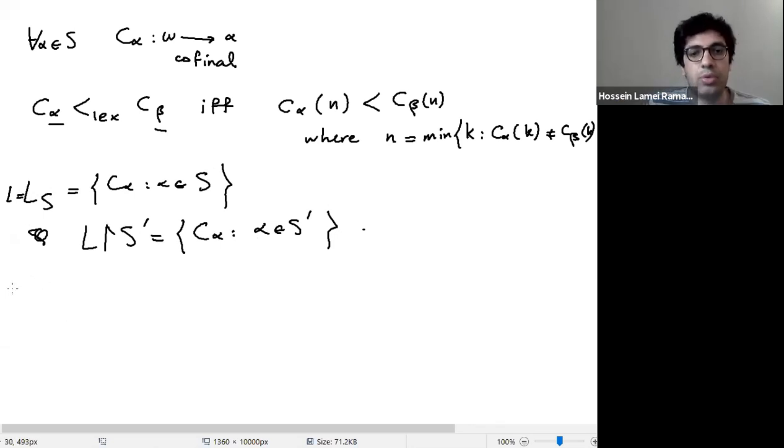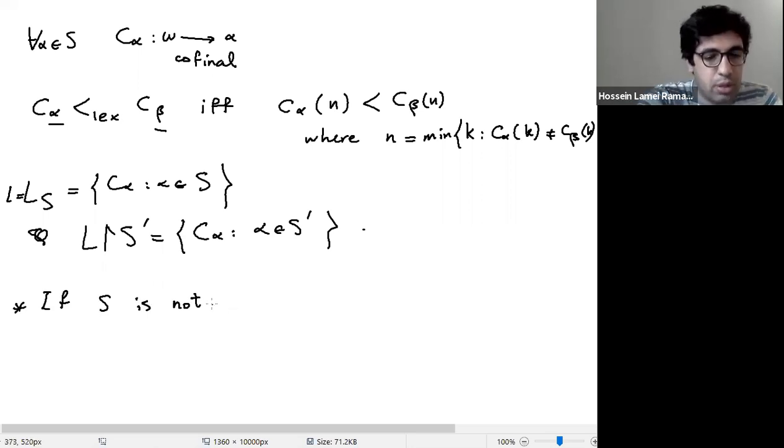There's a classical proof, iteratively using the pressing down lemma, proving that this L is not sigma well ordered.